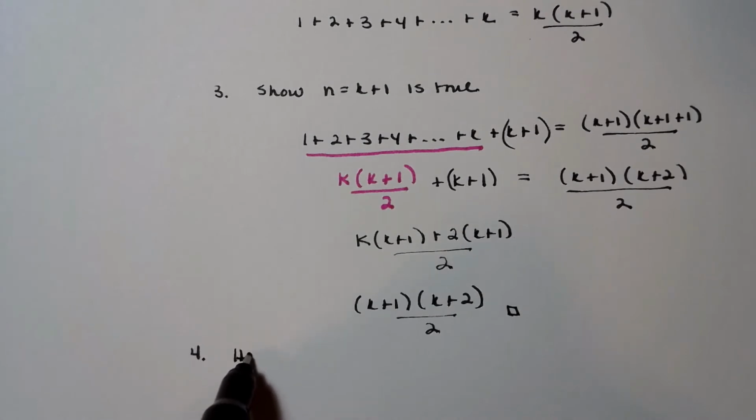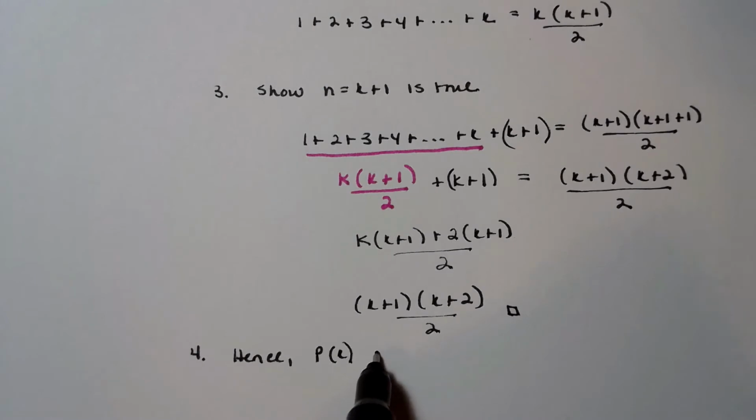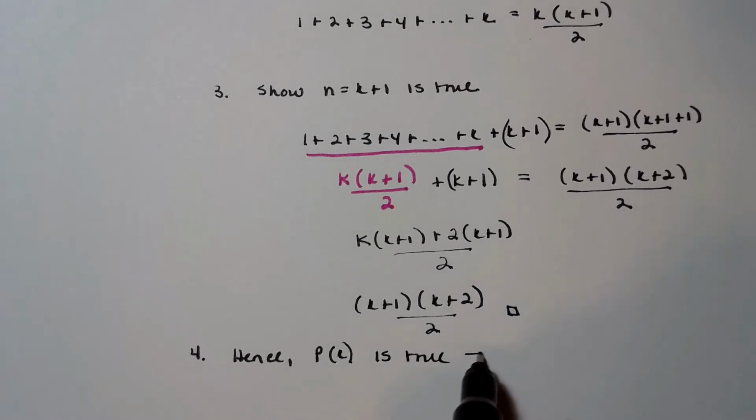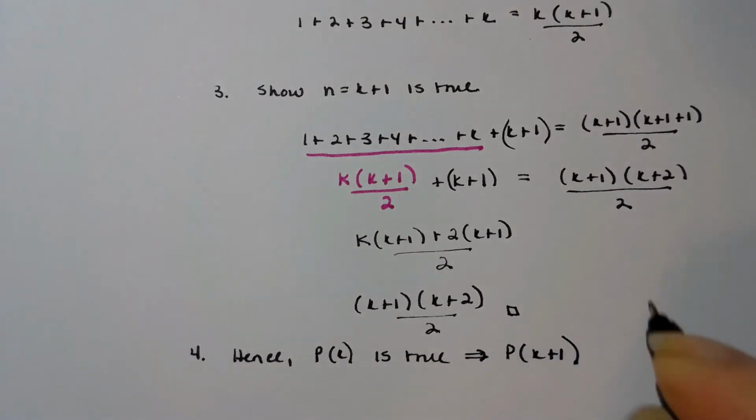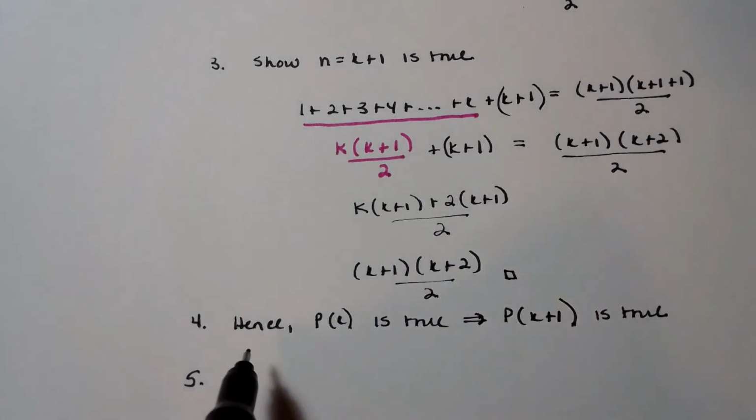So I say hence P of k is true implies that P of k plus 1 is true. And number 5, the last step, that's my therefore.